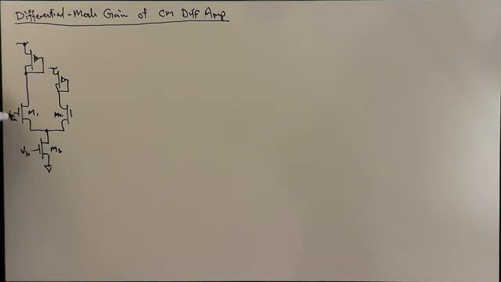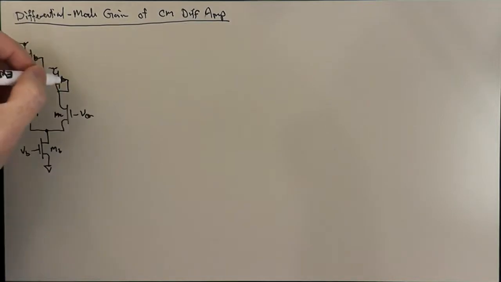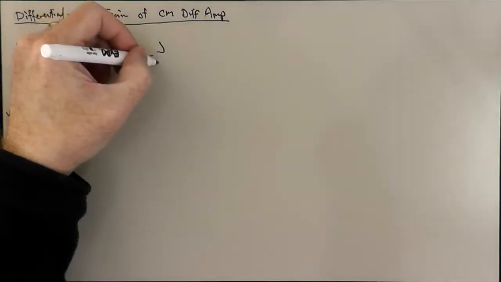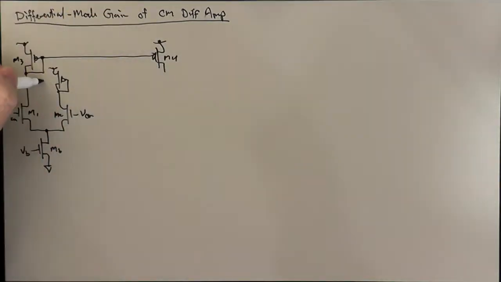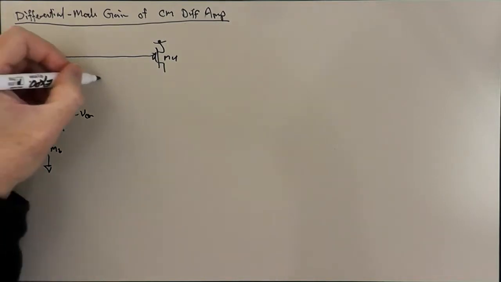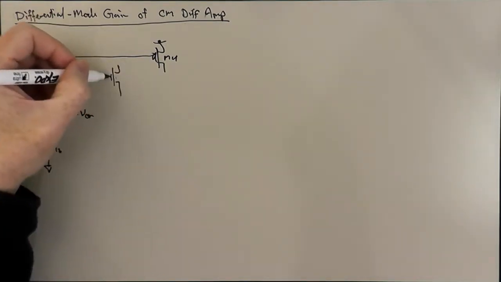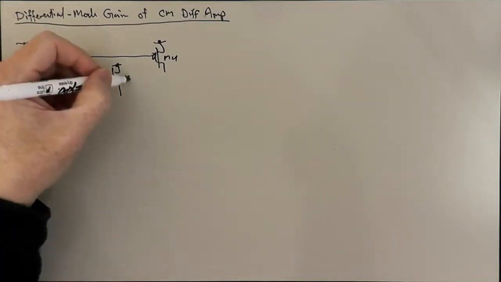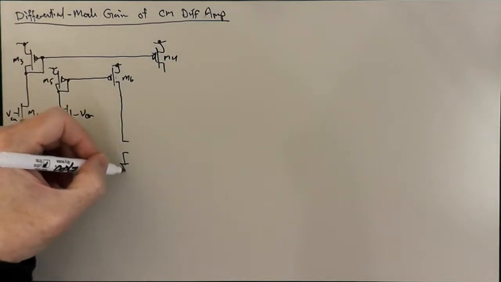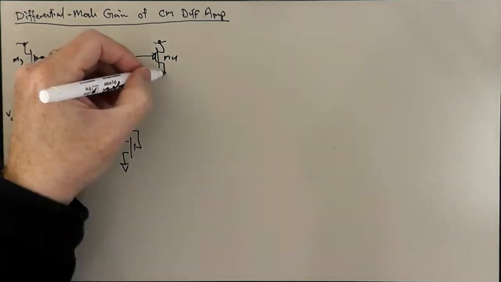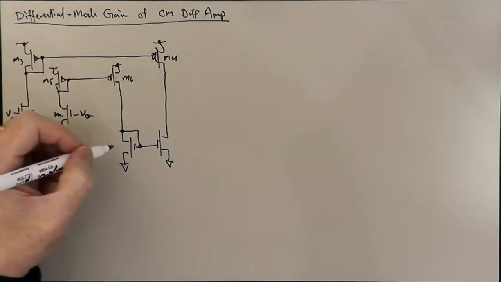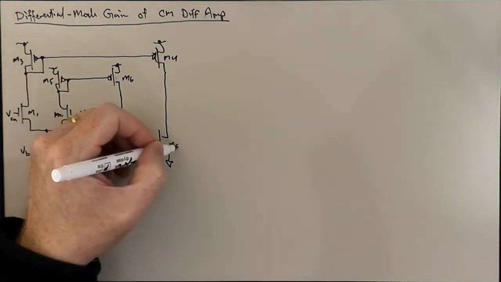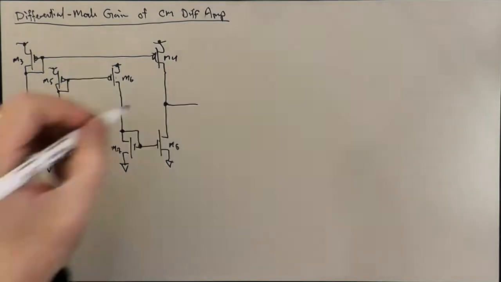And we're going to have a common mode input here, common mode input here, M3, M4, M5, M6, and an NMOS current mirror, M7 and M8. We have our output voltage V out.